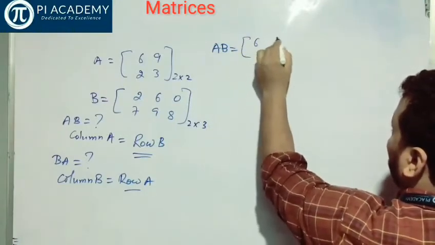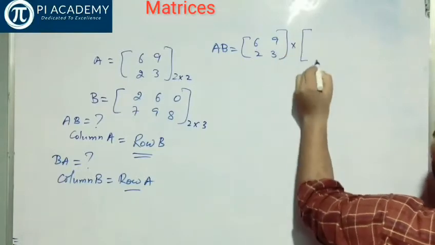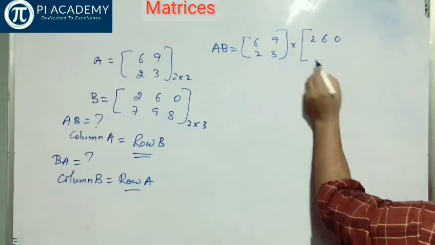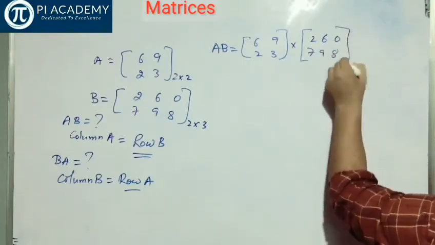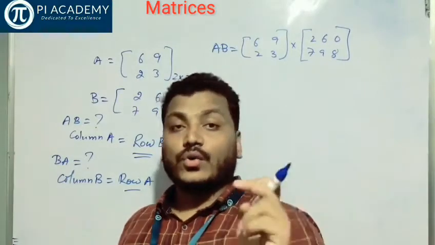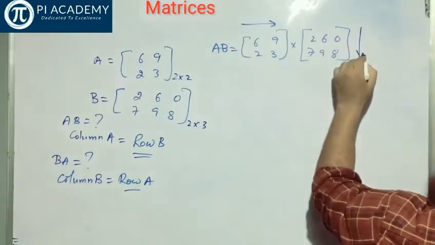So A is 6, 9, 2, 3, which we will multiply with 2, 6, 0, 7, 9, 8. So how to multiply? Multiplication will be done with the rows and the columns. You have to multiply row-wise with the column.